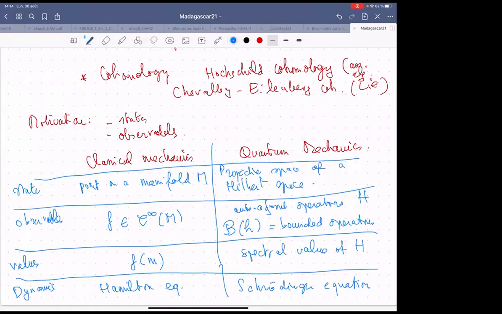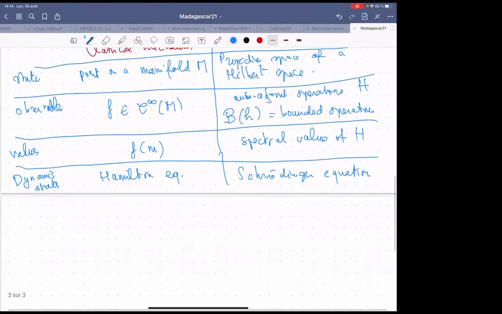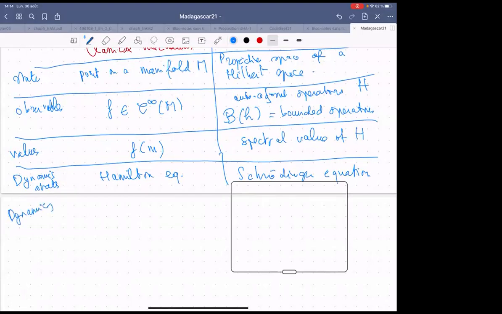This is the dynamics of states. And now about the dynamics of observables. This is given by the following equation: df/dt equals the bracket {f, H}, H being the Hamiltonian.